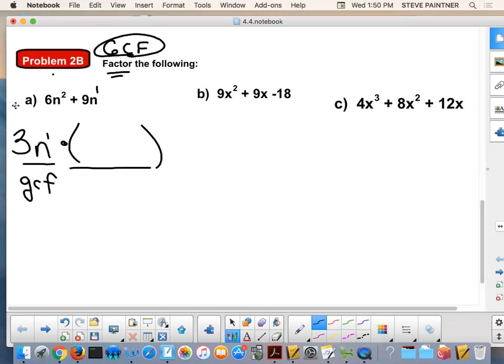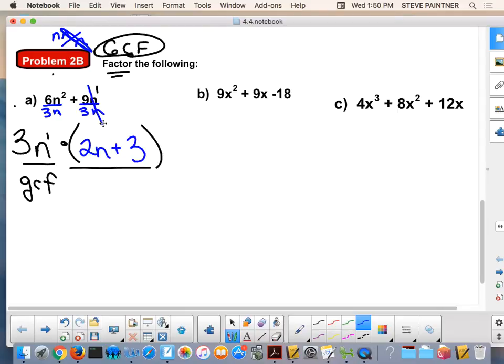So when you take out a 3n, then you do quick division. 6 divided by 3 is 2. N squared divided by n is n. Plus 3, because of 9 divided by 3. The n's cancel. You're done.